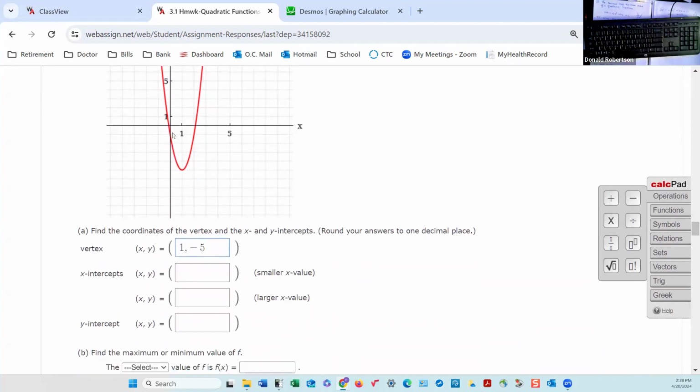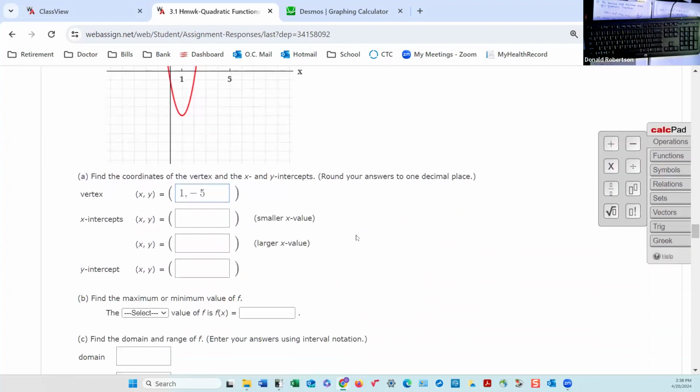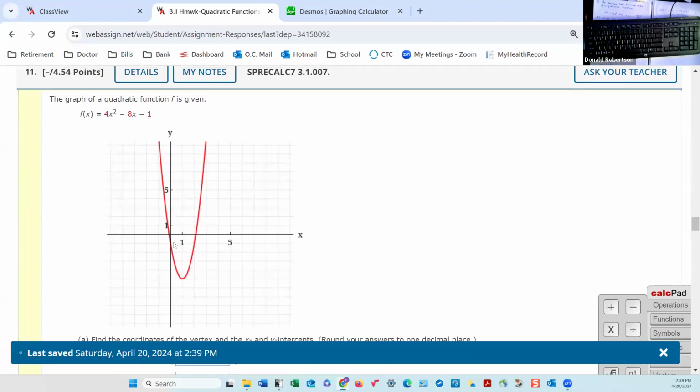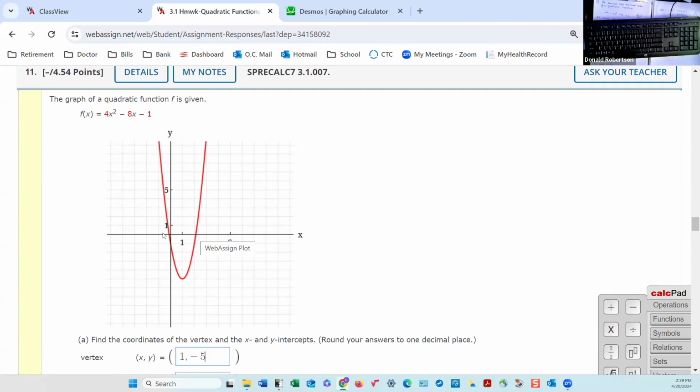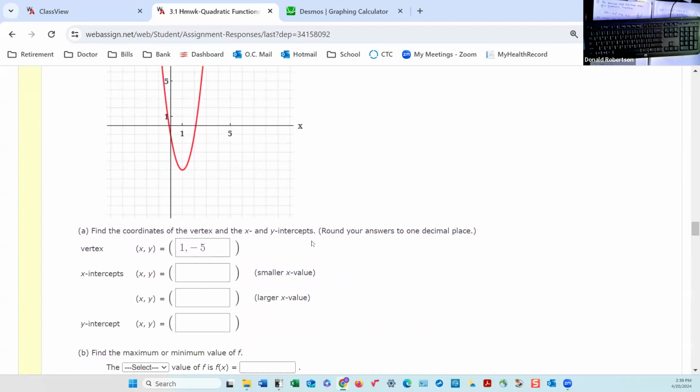The x-intercepts. Oh, I can't read off the x-intercepts very accurately here, right? So what I suggest you do then is use the quadratic formula. And I'm pretty sure that's why they say round off to 1 decimal place.